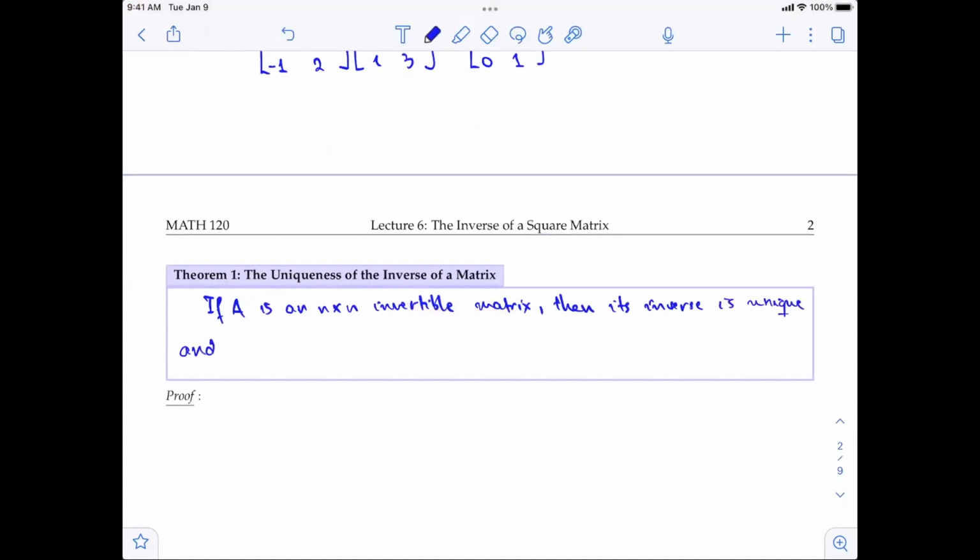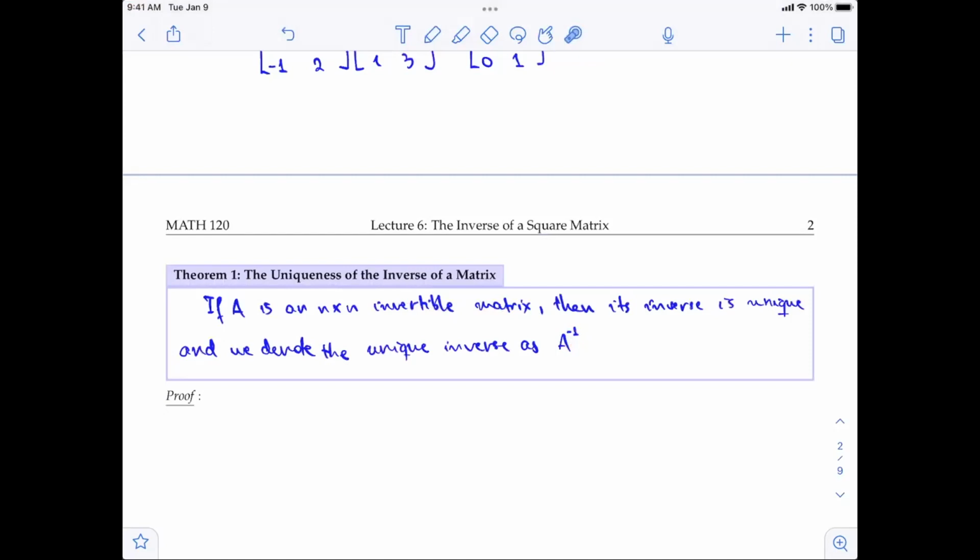And we denote the unique inverse as A^-1. This is the notation for the inverse of the matrix A.